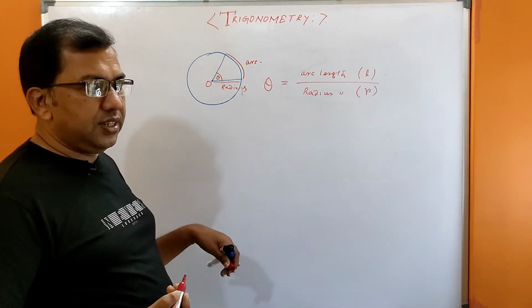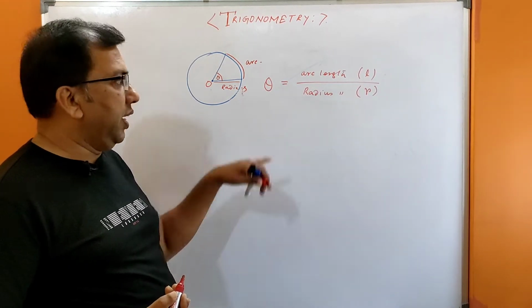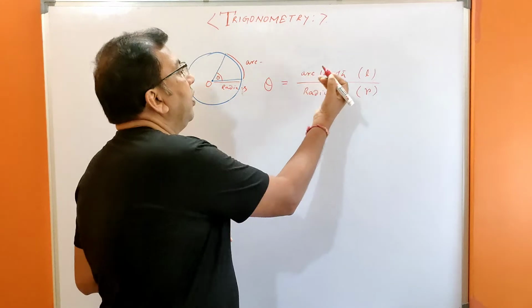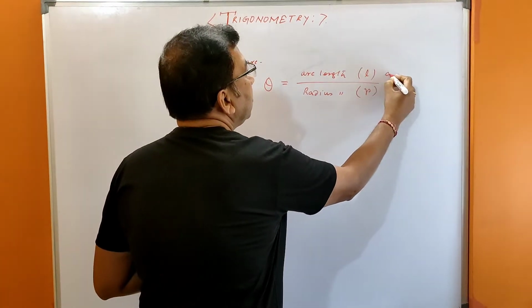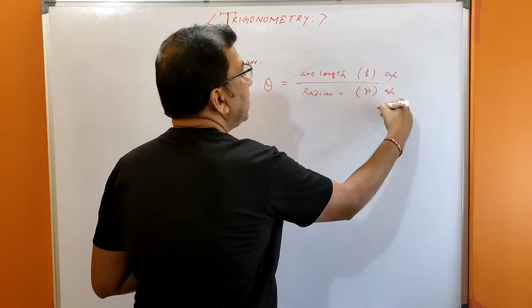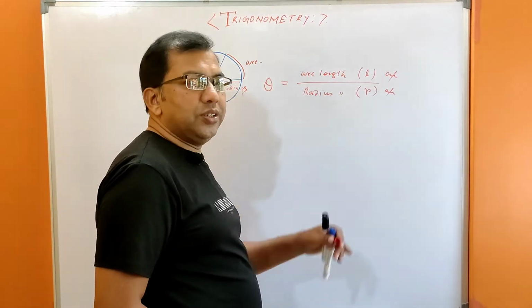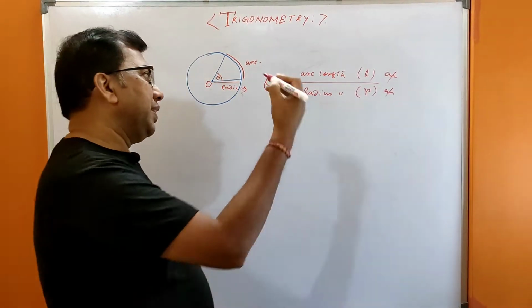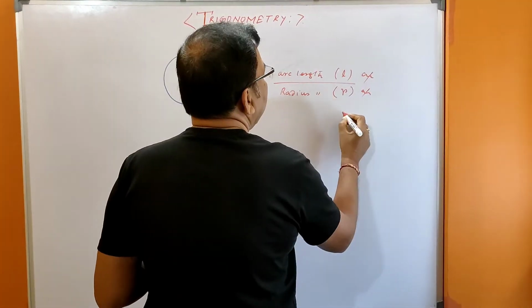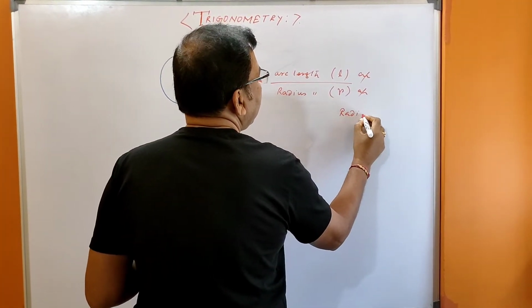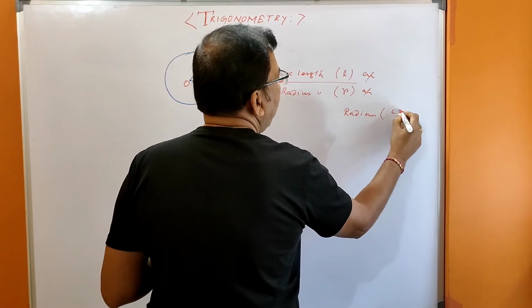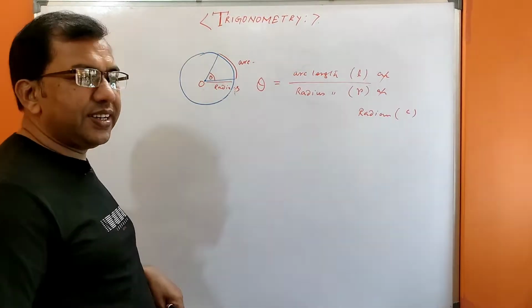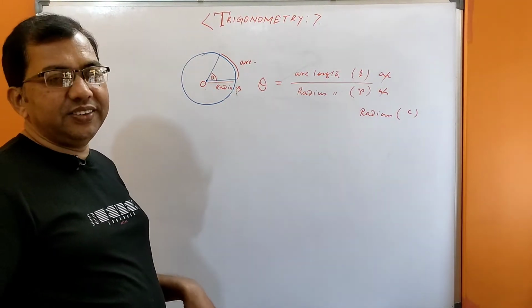Actually radian is constant, it has no particular unit, the angle. Suppose if you measure length, it is centimeter. Is there any unit for angle? No. But you have to measure the angle. So this measure is radian. It can be measured in radian. And sine is small c. What is the definition of 1 radian?